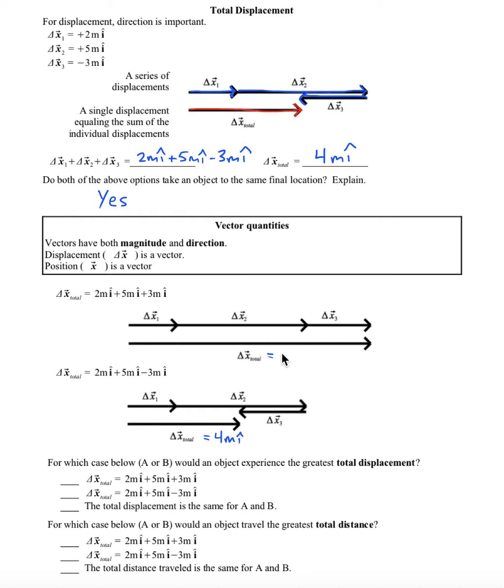That takes us actually to 10 meters of total displacement. So direction matters when it comes to displacement. And that's one way to tell that displacement is a vector, because direction matters. So, which one's greater? This one.